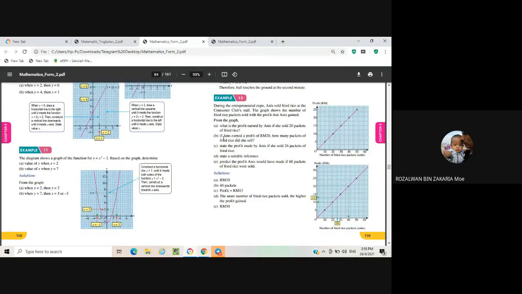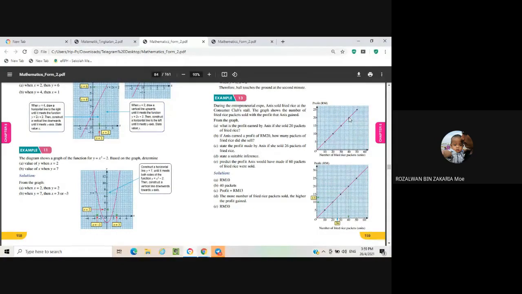For question B, if Anis earned a profit of RM20, how many packets of fried rice did she sell? The same thing also. You have to look at the graph, and this time look at the profit, RM20. So draw a horizontal dotted straight line from 20 here until it reaches the graph.